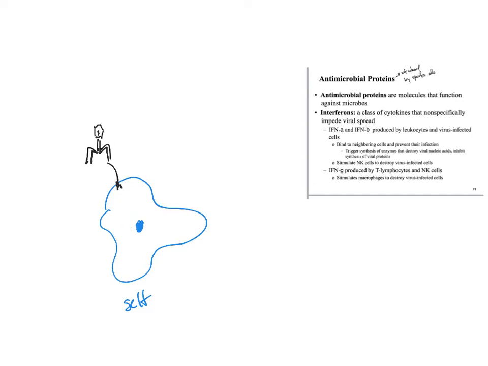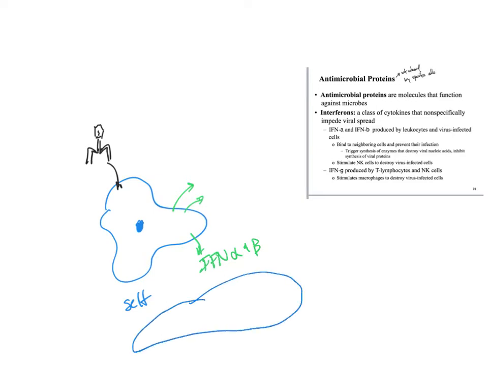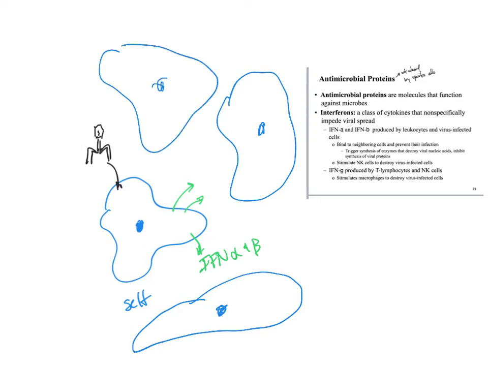But before the cell recognizes that it's been infected, and before it is completely hijacked, it starts to release interferons, IFN alpha and beta. The interferons work on neighboring cells, on this one, and this cell, and this cell.